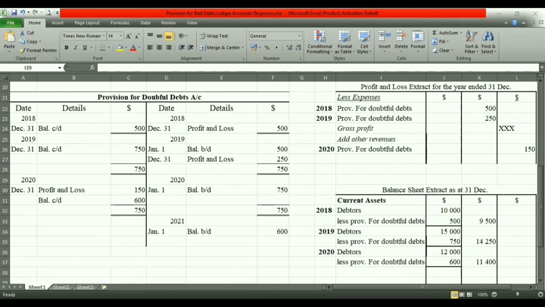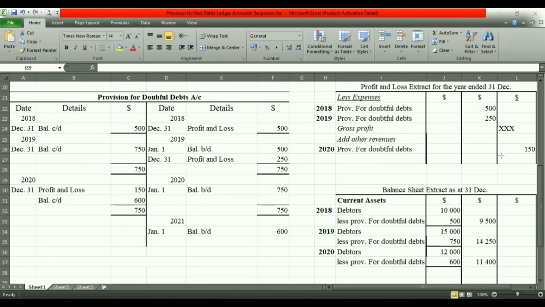Okay, so that takes us to a typical example of a question that may be asked as it relates to provision for doubtful debts, preparing accounting entries for that. And in your profit and loss account, remember, once there is an increase, that is an expense. If you're just creating like we did for 2018, that is an expense.